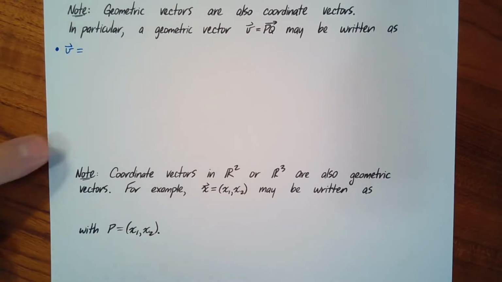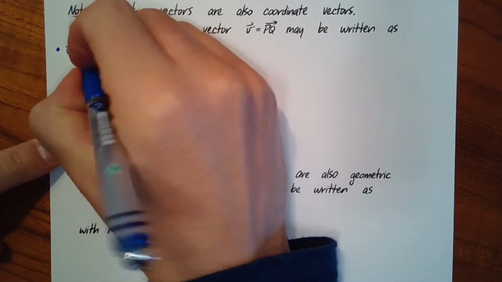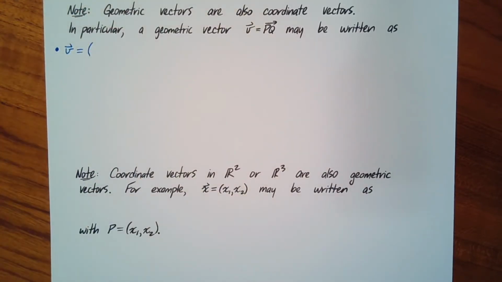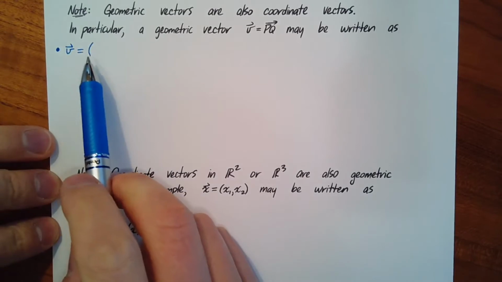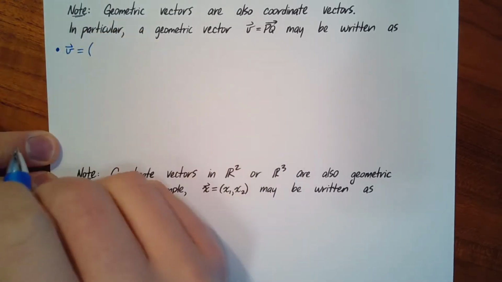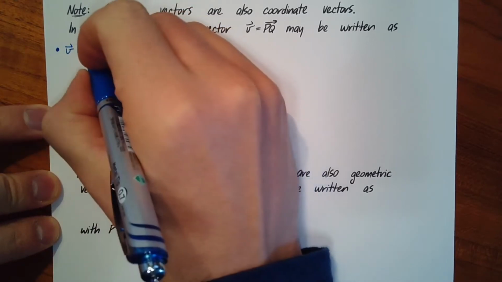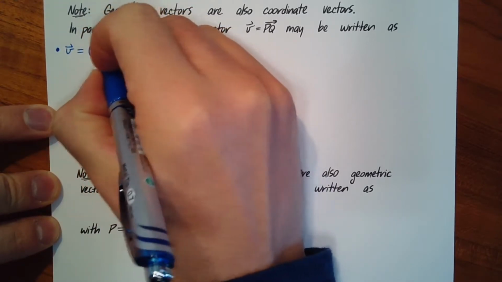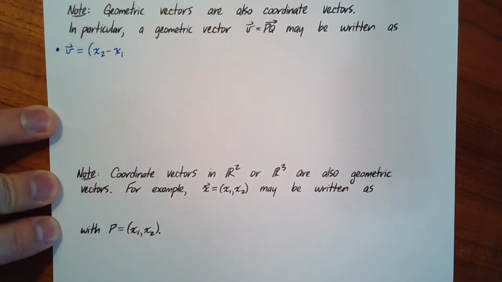And the first coordinate is going to be, in terms of a formula, not all of the portions of which I've written down yet. So this won't really make complete sense until the very end of the sentence. But the first coordinate of v, expressed as a coordinate vector, is going to be x2 minus x1.